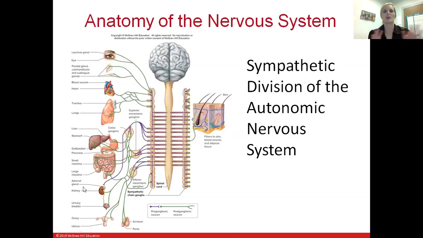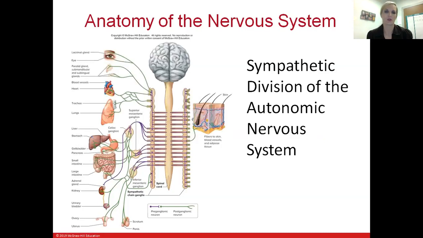All kinds of things. Our sweat glands are activated so we can produce more sweat. We're also controlling what's called glycogen release from the liver, which is where our body gets excess energy should we need it. So there's just lots and lots of things that are happening. The thing to really remember is what happens when we're in this type of stress response.